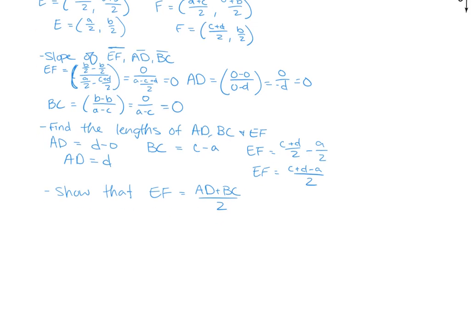All right, so to do that, we're going to take the lengths that we just came up with above and plug those in. So our EF will equal AD, which we found to be d, and then to that we will add our BC, which is c minus a.